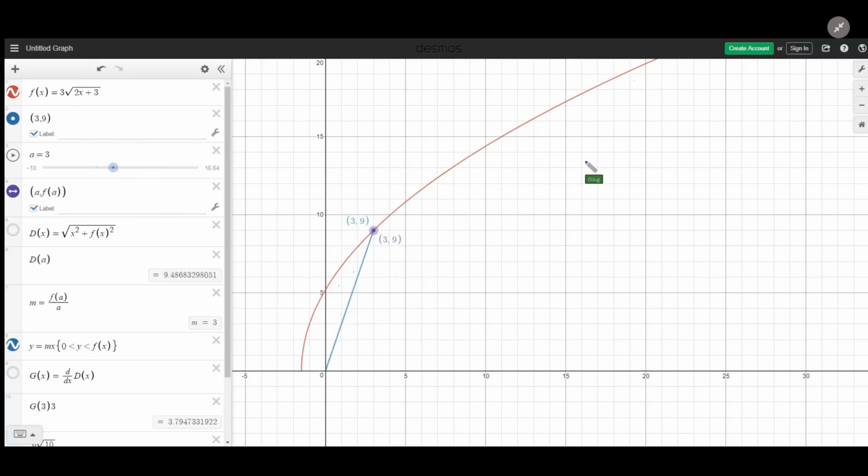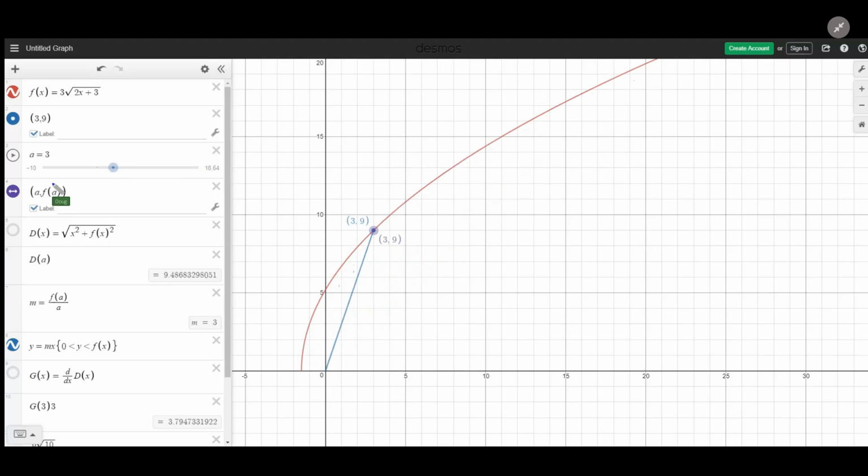Anyway, a function for the distance between the origin and where the particle is at any given point in time would be the distance formula. Distance is the square root of the change in x squared plus the change in y squared. And the y coordinate of the particle is 3 times the square root of 2 times whatever the x coordinate is plus 3.